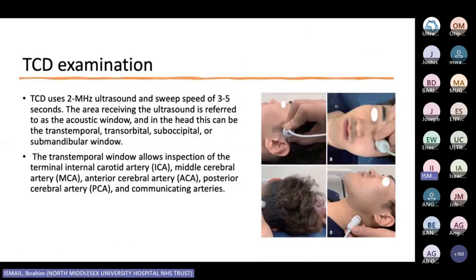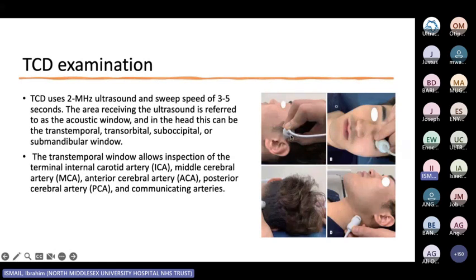So with regards to the examination itself, TCD uses around a 2 megahertz ultrasound and sweep speed of around 3 to 5 seconds. The area receiving the ultrasound is referred to as the acoustic window. In the head, this could be a number of areas. The most common area is the transtemporal region right here.